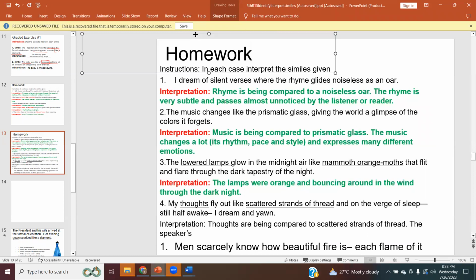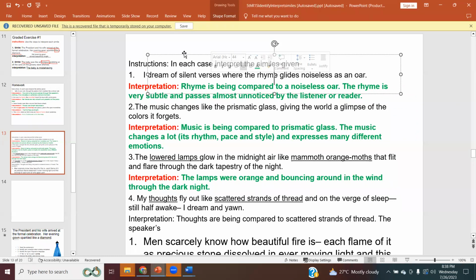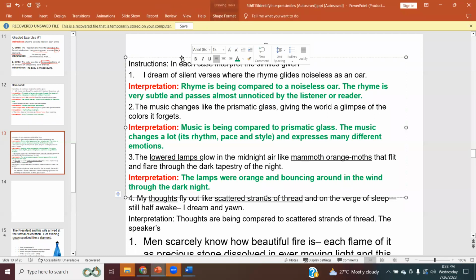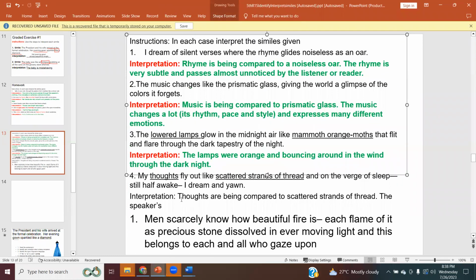So we can say that the speaker's thoughts are not following a single logical strand.